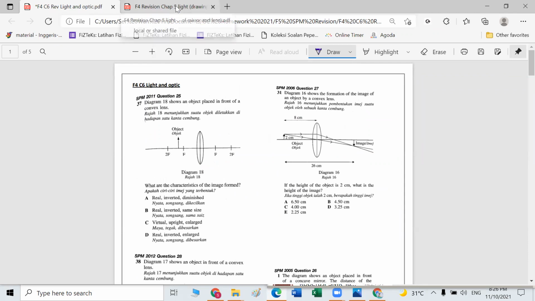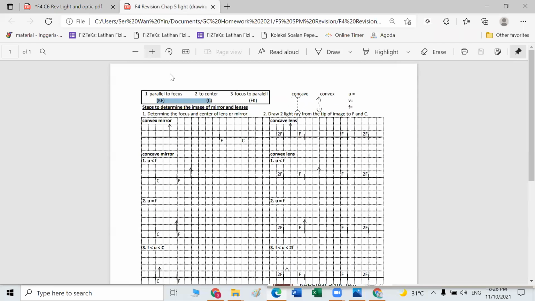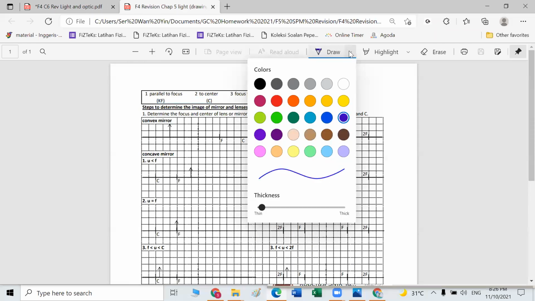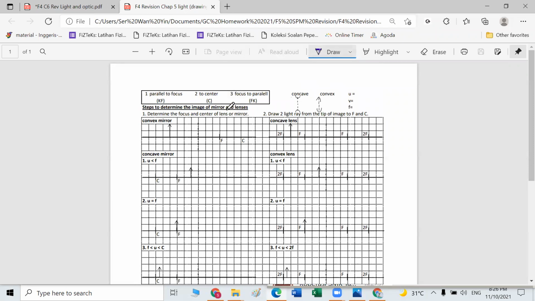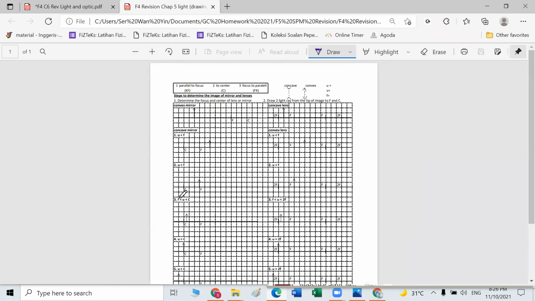All right, so now we look at this module first, this handout first. Look at the grid. Okay, first of all, we need to know convex mirror, concave mirror, concave lens and convex lens, how to draw them. At the center of all conditions, all situations, now 1, 2, 3, 4, 5.